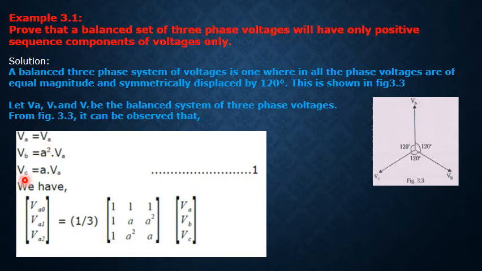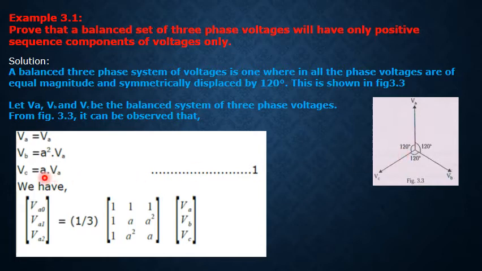Similarly, the next one is voltage VC. From this phasor diagram, we see the voltage VC is making an angle of 120 degrees with respect to VA. What is the a operator representation for 120 degrees, as we studied in our previous session?